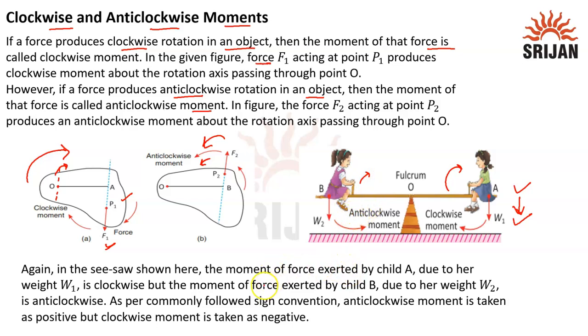Then the moment of force exerted by child B due to her weight W2 will be anti-clockwise in this direction we can see. As per commonly followed sign conventions, anti-clockwise moment is taken as positive, but clockwise moment is taken as negative.